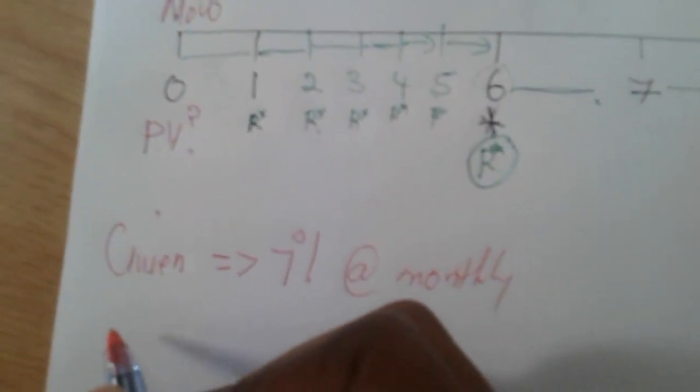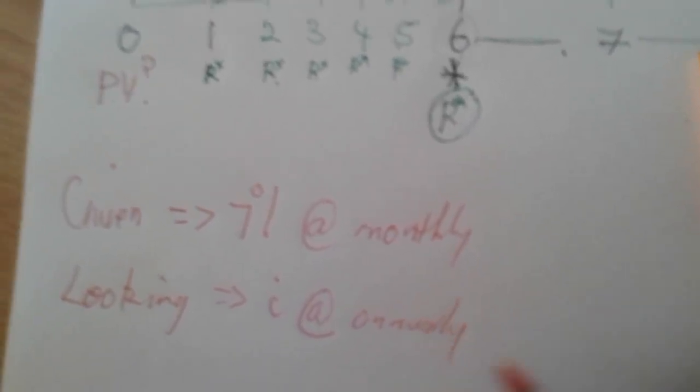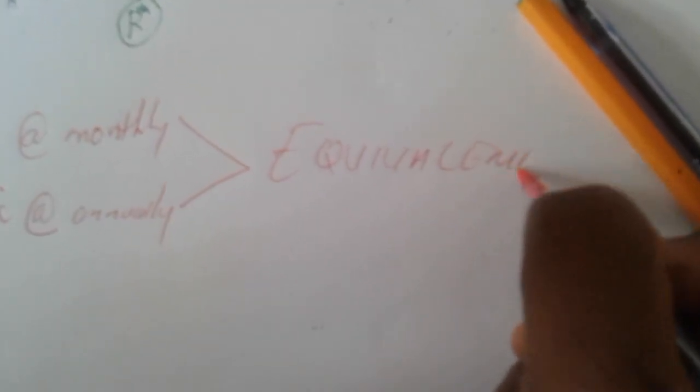Now we are looking for a rate that is compounded annually. But at the end of the day, these two rates must be equivalent, meaning they must give us the same answer.